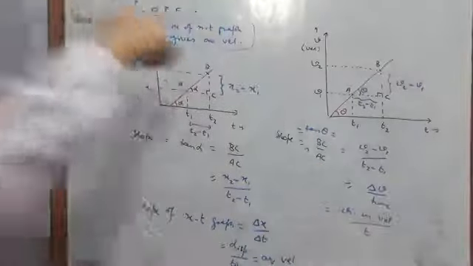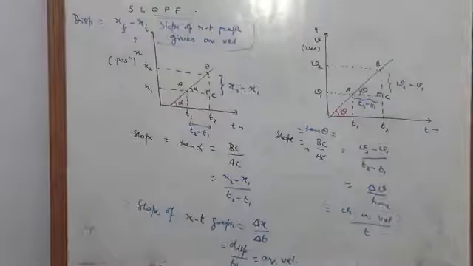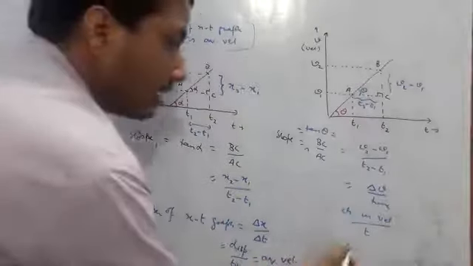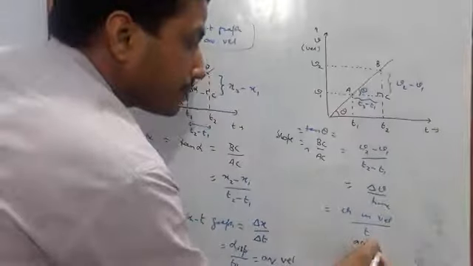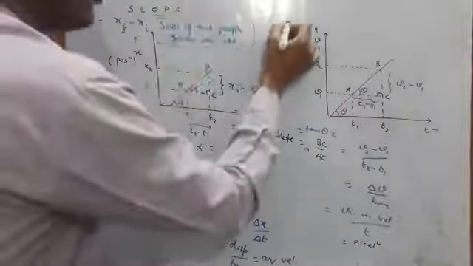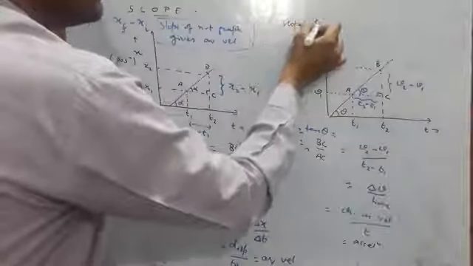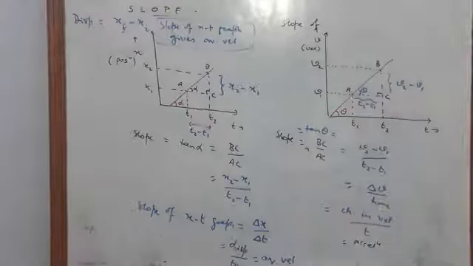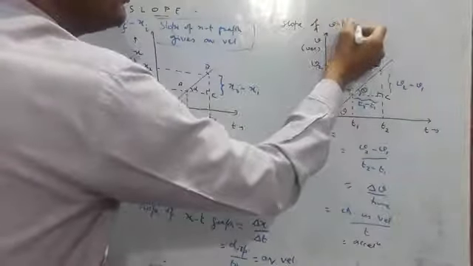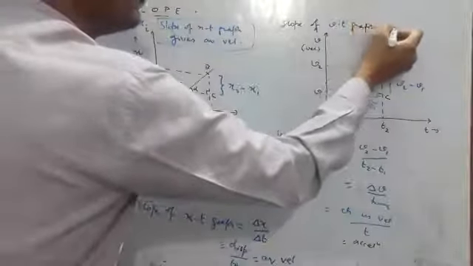What is this factor to remember, students? It is just what we have discussed in the last class. Change in velocity upon time is nothing but acceleration. So this is your second important statement, that slope of velocity time graph, VT graph, gives what?